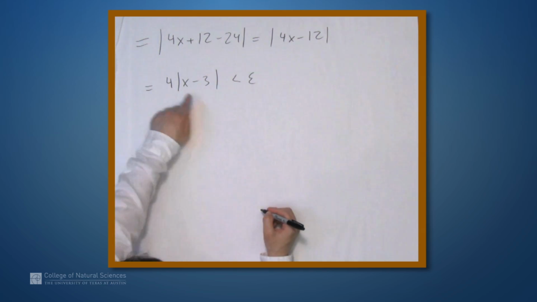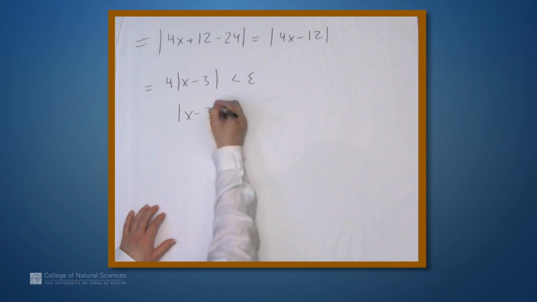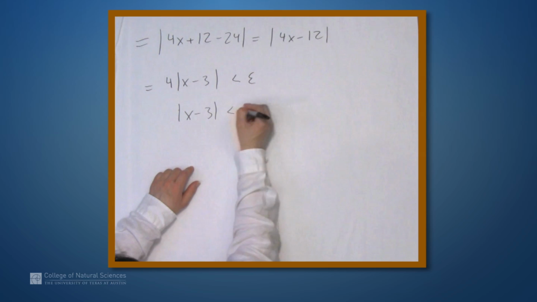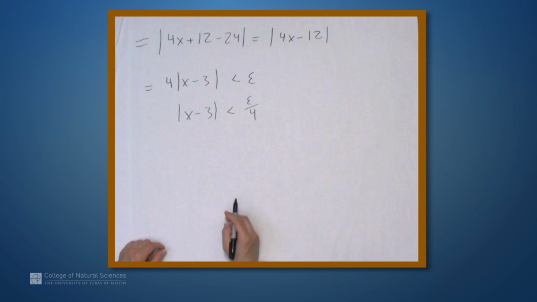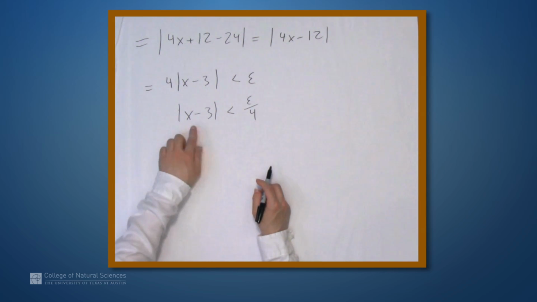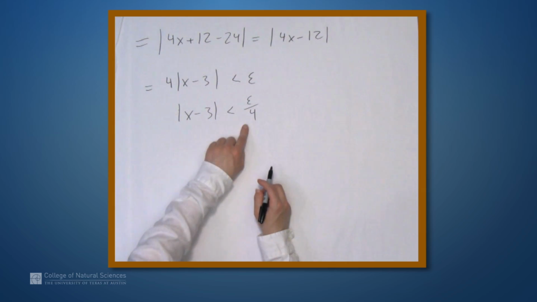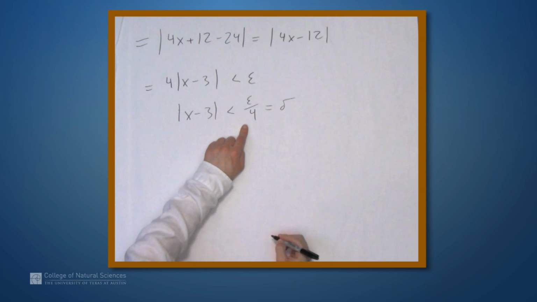Let's divide both sides by 4, and we get the absolute value of x minus 3 is less than epsilon over 4. This is the form that we want to find delta, right? We want x minus 3 to be less than delta. So epsilon over 4 is our candidate for delta.